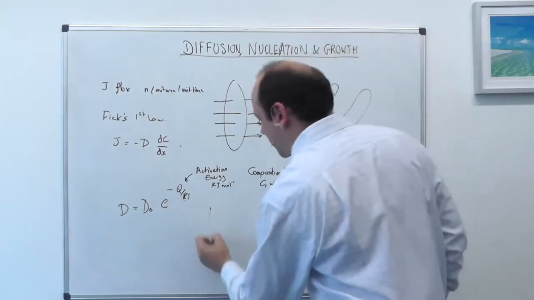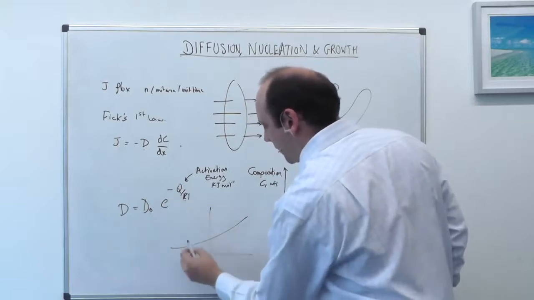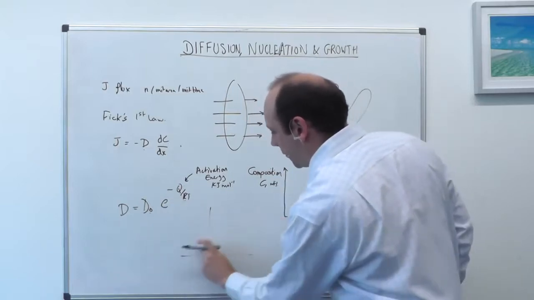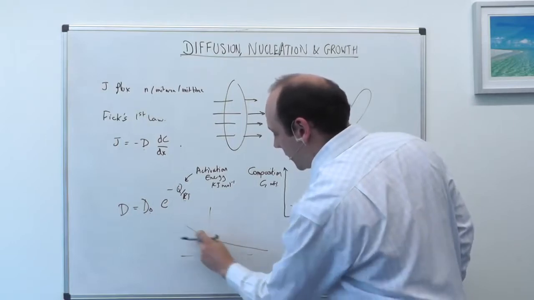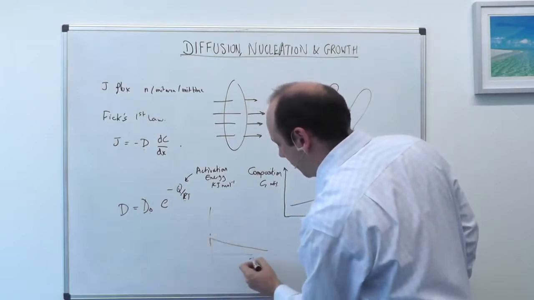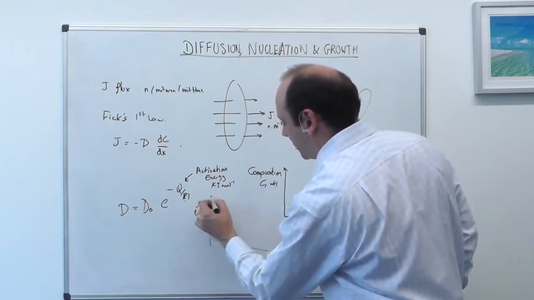Exponential functions, if you remember, do something like that. We're taking the negative, so if we flip it around, it does something like that. We're considering positive temperatures, so we're only considering that end of the graph. And that's what e to the minus Q over RT does.